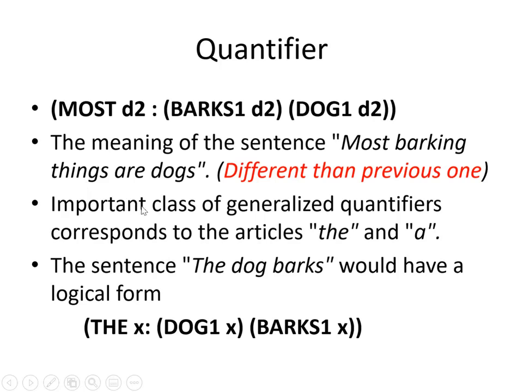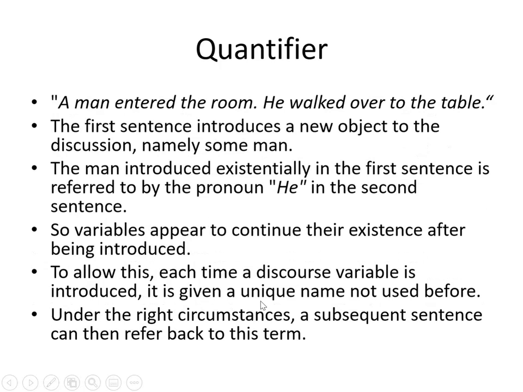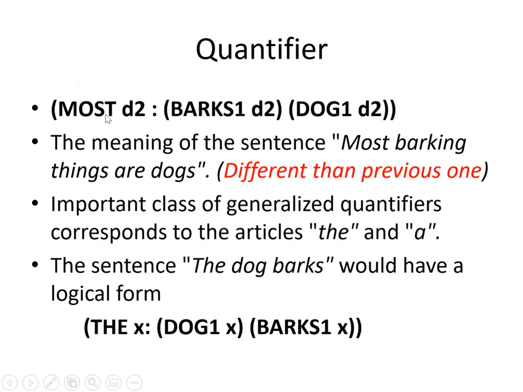Now if you reverse the sequence of dog and barks, will it affect the meaning of the sentence? See this, the next logical form: barks1 D2, dog1 D2. Here it says most barking things are dogs, which represents a different meaning.